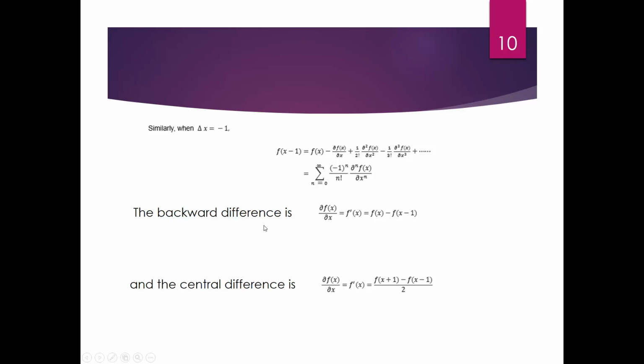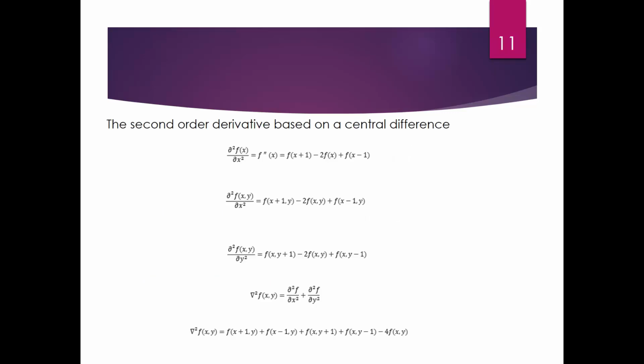For the backward difference, del f by del x is equal to f(x) minus f(x minus 1). If we add this equation and the previous equation, we get the central difference: del f by del x is equal to f(x plus 1) minus f(x minus 1), divided by 2. Now the second order derivative.